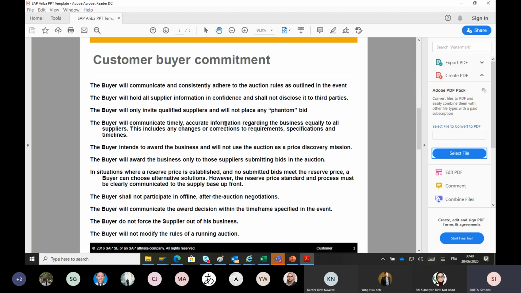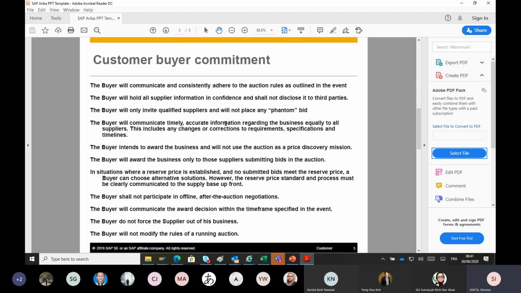The buyer commits to communicate consistently with the auction rules as outlined in the event, to hold all supplier information in confidence and not disclose it to other parties, to only invite qualified suppliers and not place phantom bids, like playing around in the auction and placing bids, and to communicate timely, accurate information regarding the business to all suppliers, including any changes or corrections to requirements, specifications, and timelines.